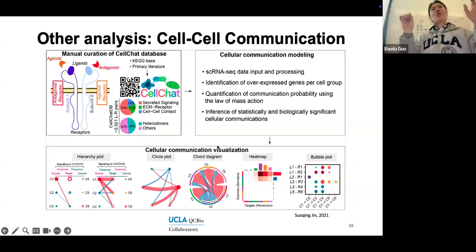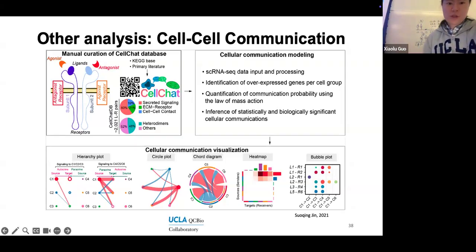So if one cell expresses the ligand A mRNA, and another cell expresses the ligand A receptor mRNA, then they infer that these cells have some communication between them.